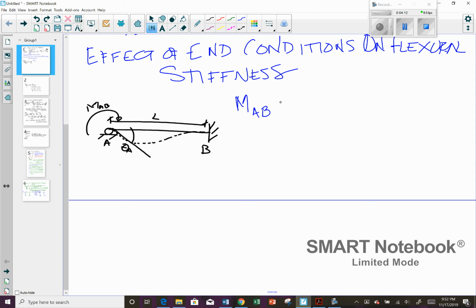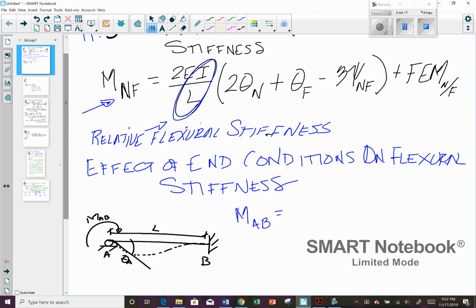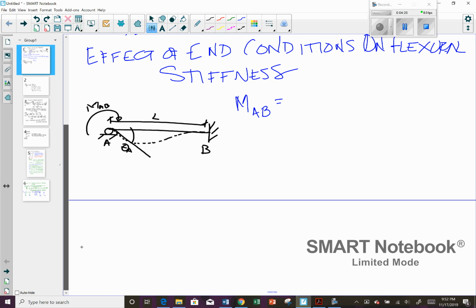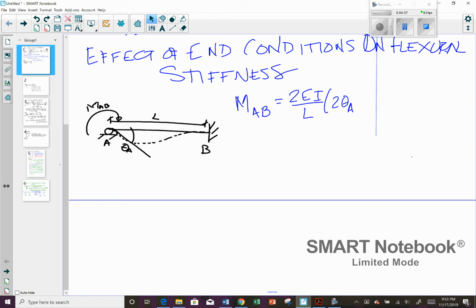So what we do is we look at MAB using our slope deflection equation, which is going to be 2EI over L times 2 theta A plus theta B minus 3 psi AB plus FEM.